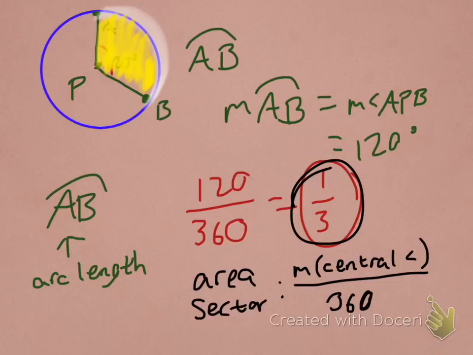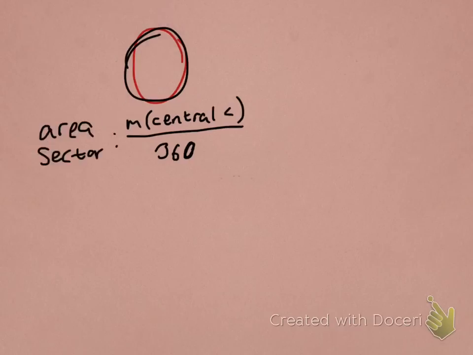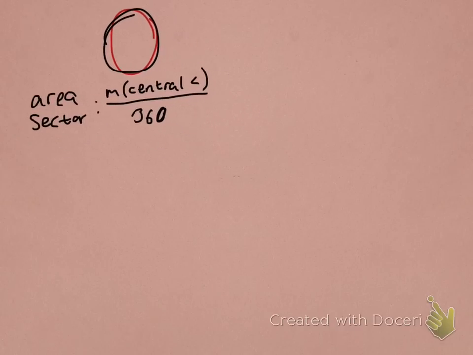Actually, I'll go to another page here so that we can get more space. So again, we have the area of the sector is the measure of the central angle over 360.